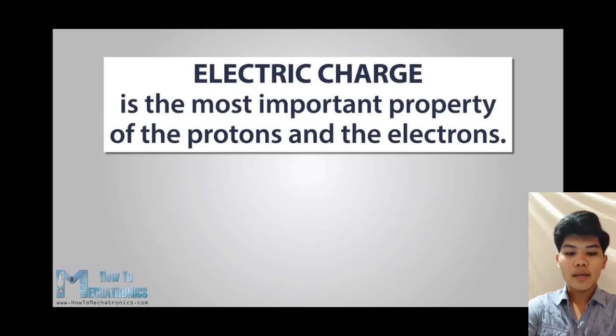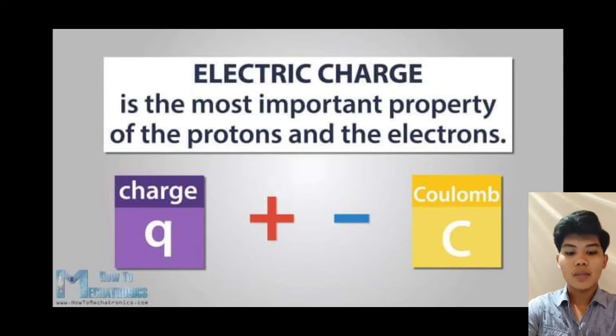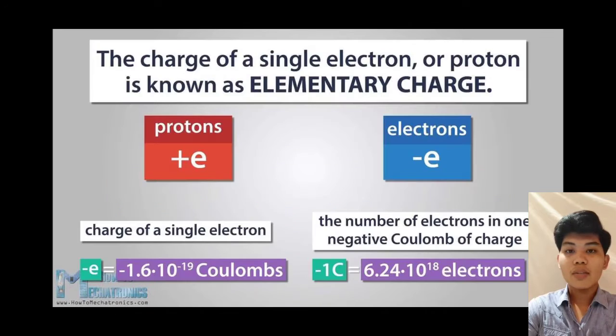Electric charge, in fact, is the most important property of protons and electrons. The charge is denoted by Q, and the unit of charge is the coulomb. Objects can be positively or negatively charged. Hence, Q can have both positive and negative values. The charge of a single electron or proton is known as the elementary charge and is denoted with a lowercase e.